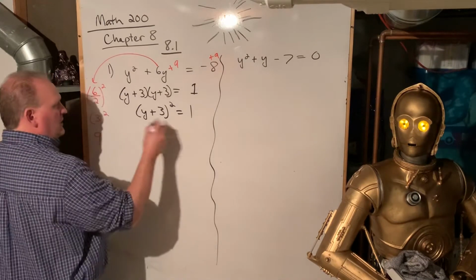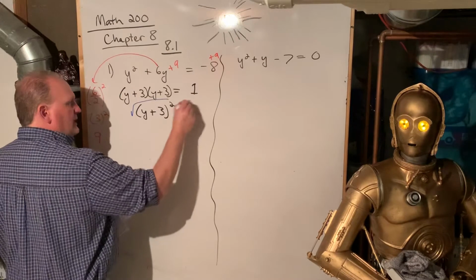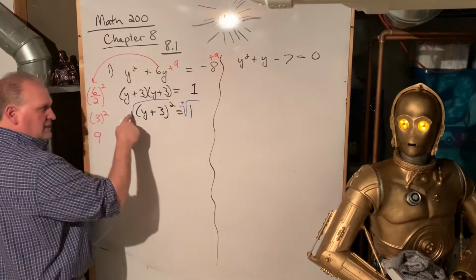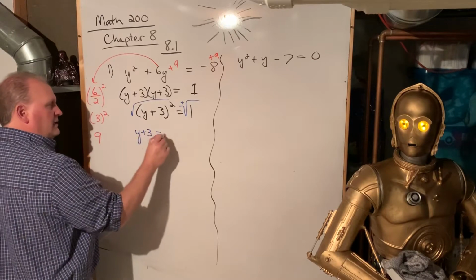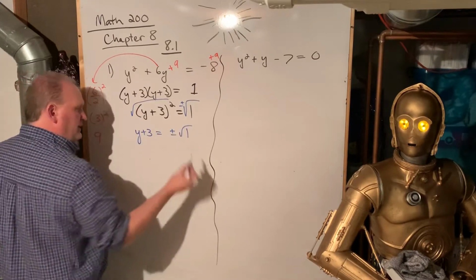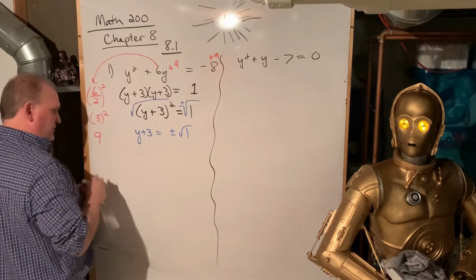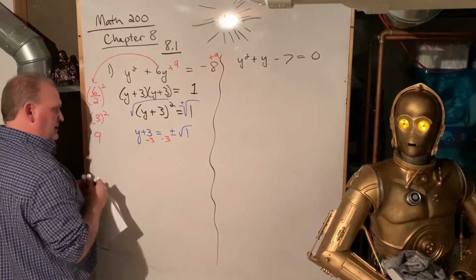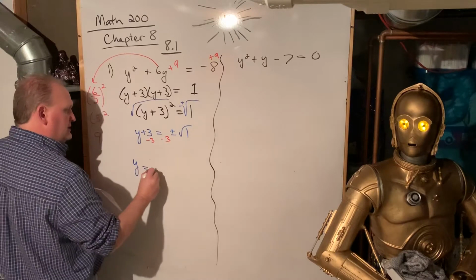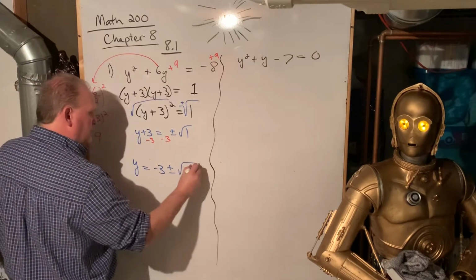All right, so how do we do it? We do plus or minus the square root. That square root gets rid of that. So we have y plus 3 equals plus or minus the square root of 1. And then we isolate variables, so get the 3 over to that side. And so we have y equals negative 3 plus or minus the square root of 1.